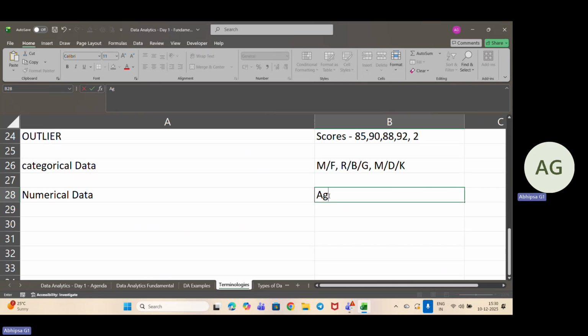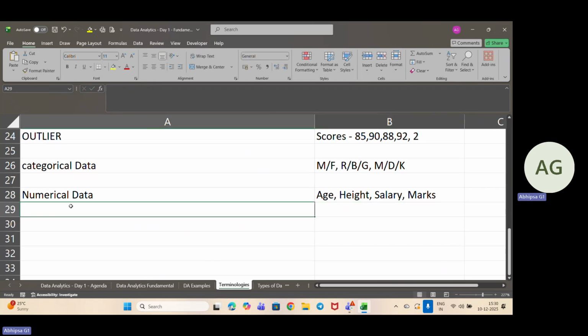The fields covered are age, height, salary, and marks. Now, in numerical data, we have two types: integers or floats. Integers are the whole numbers.